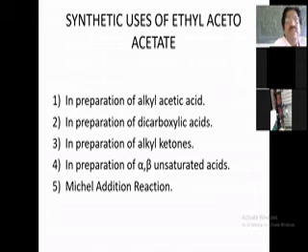You know what the acetate group is, and similarly the ethyl aceto group. These 2 groups combine to give ethyl acetoacetate. Preparation is not there for you. Earlier it was, but now you only have the synthetic uses of ethyl acetoacetate. It is called EAA in short form.